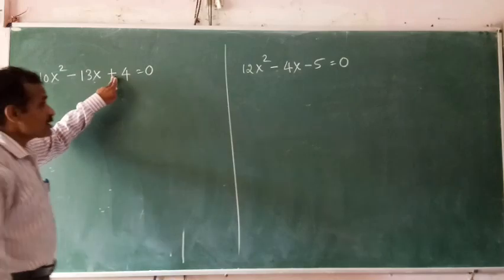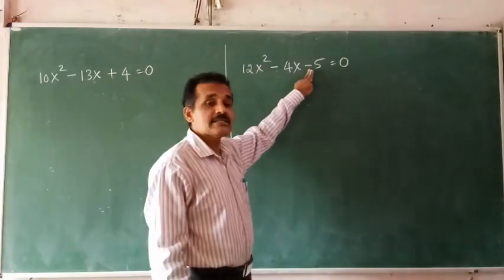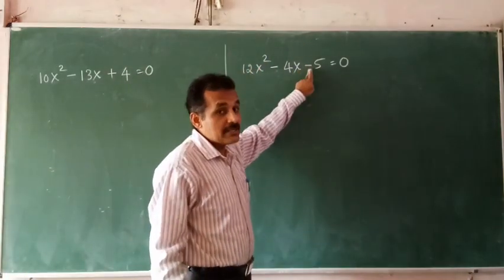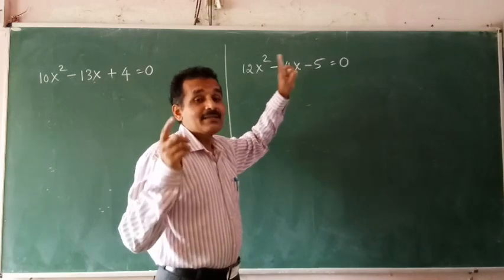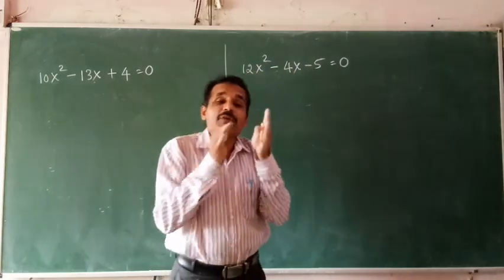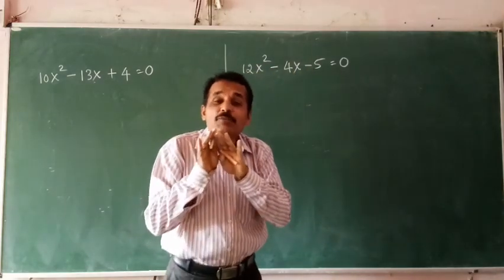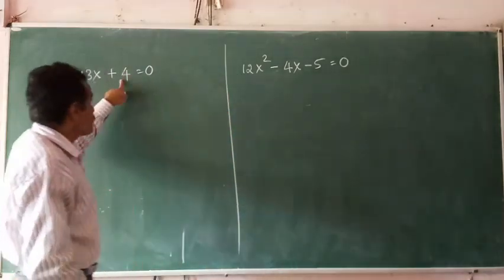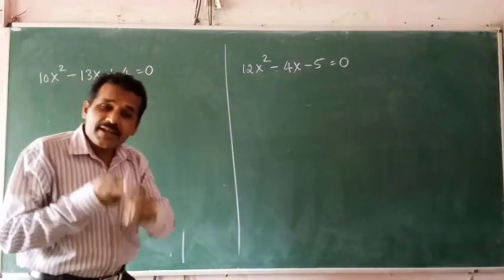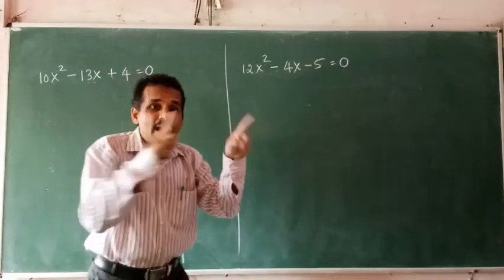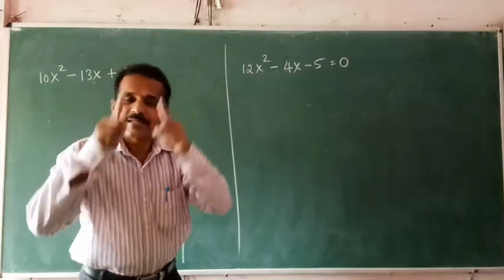Okay, see, in the first the last sign is positive, in this the last sign is negative. When the last sign is negative, the middle terms will have 1 plus and 1 minus, and they have to be subtracted. When the last sign is positive, the middle terms should be added, and the chances are 2, either plus plus or minus minus. Let me solve both.